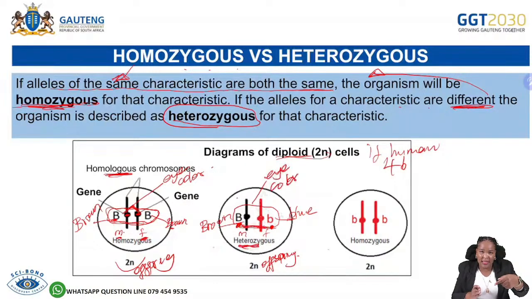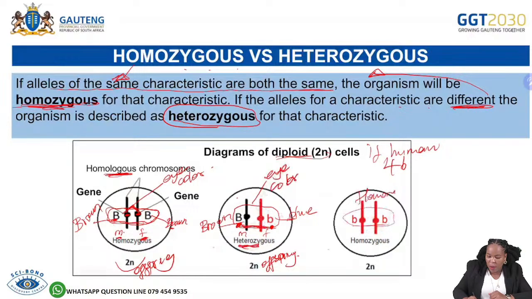And we will discuss later that when they are not the same, the dominant one is the one that is going to be expressed in the phenotype. Right. And in this case, we also have a homozygous. But this homozygous is homozygous recessive. Why do we say it's recessive? Because all of them are small, bringing us to the next term that we need to discuss.